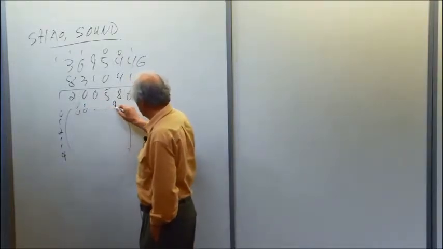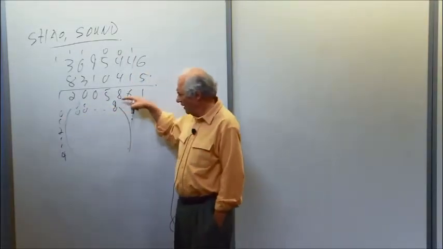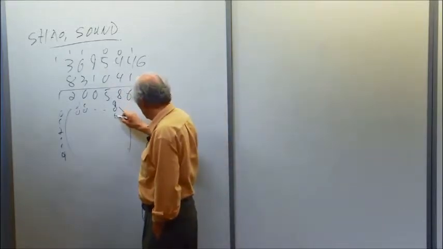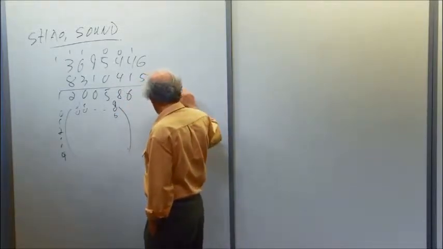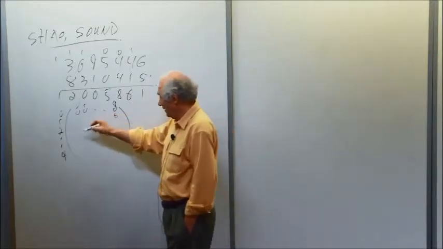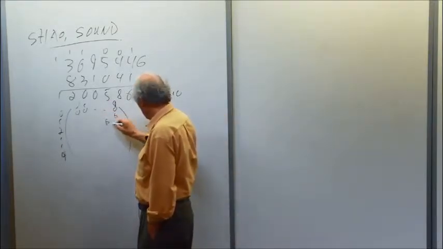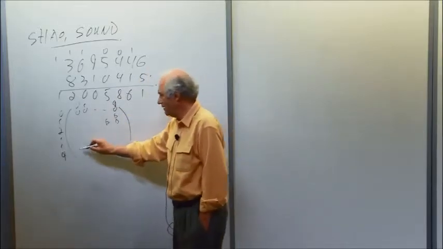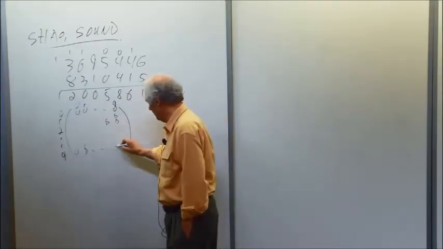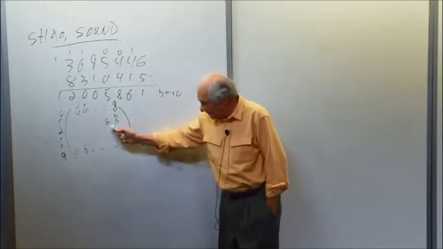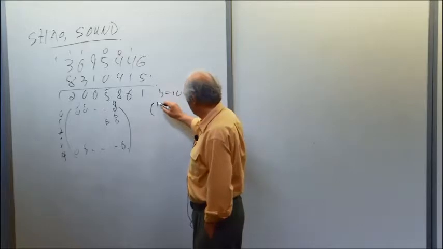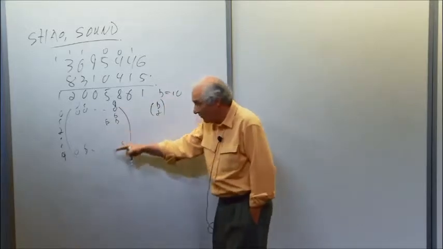If I add 1, I only get a carry if I add it to 9, so I'll write a carry. I'll call it b, but b is 10 here. If I add 2, I get a carry if I add it to 9 or 8. And if I add 9, well, b. So it's this part of the triangle, and there are b choose 2 carries.